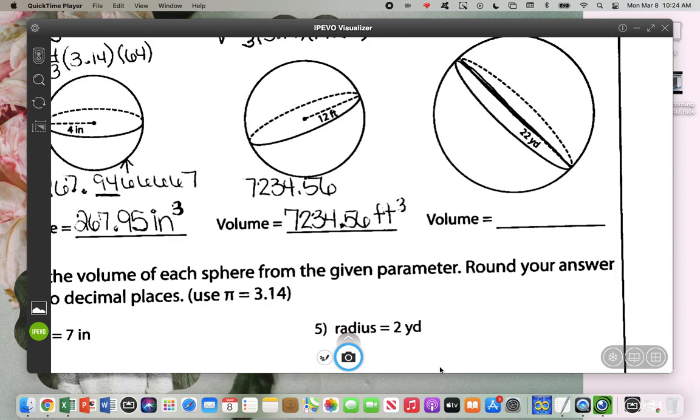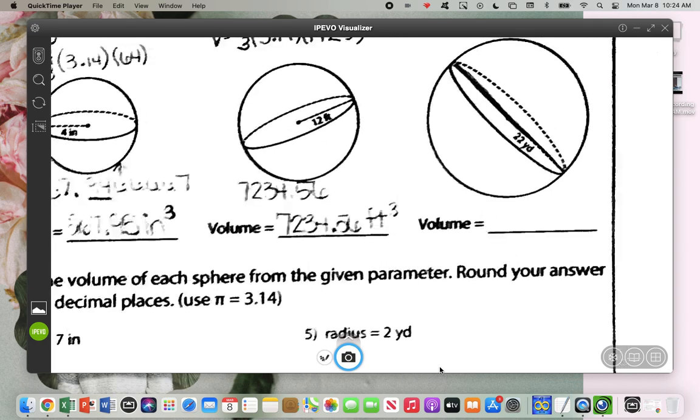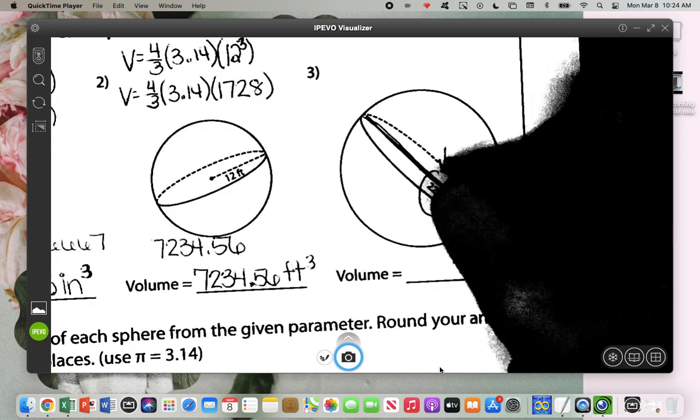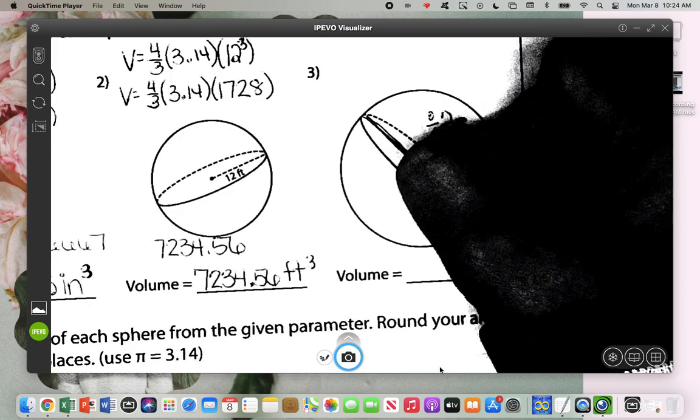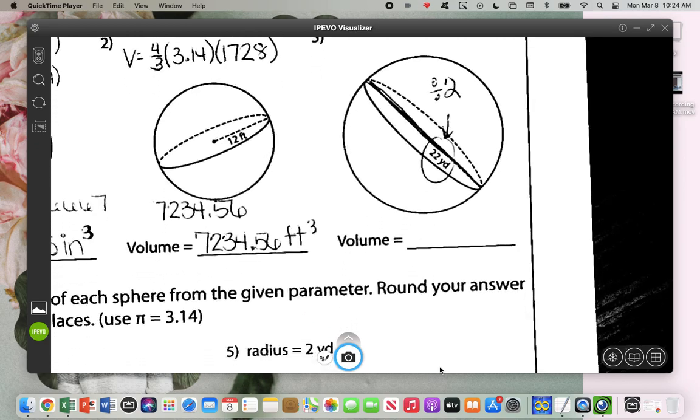That's the diameter. If I give you a diameter, how do you find the radius? Divide by 2. So if you have a diameter, you are going to divide it by 2 to get the radius.